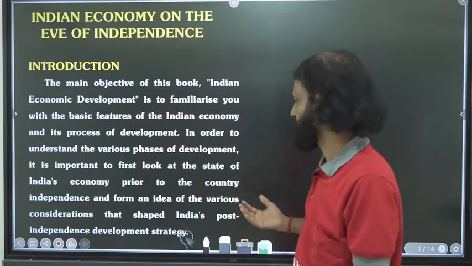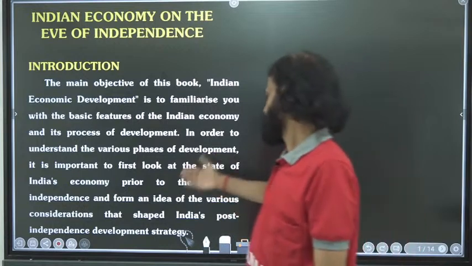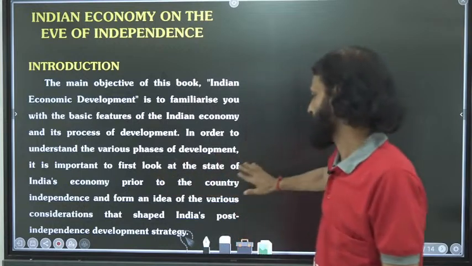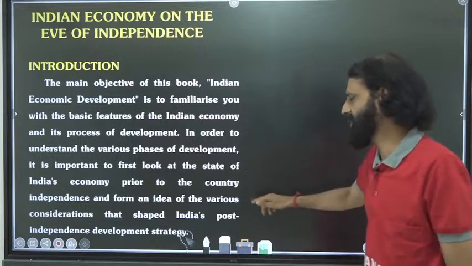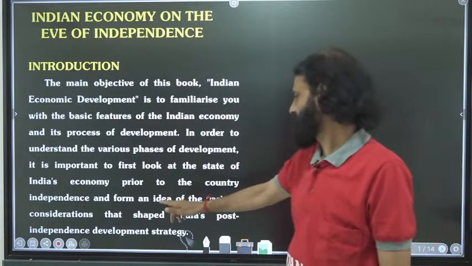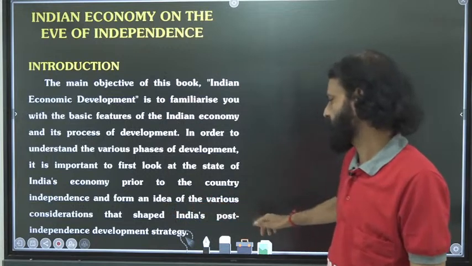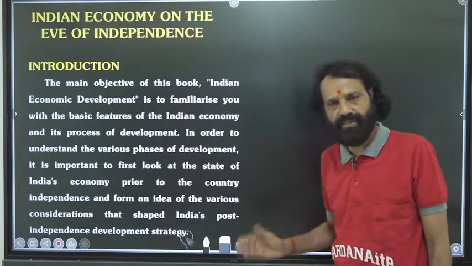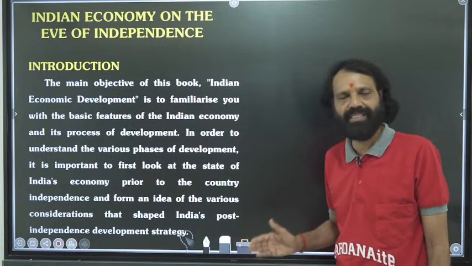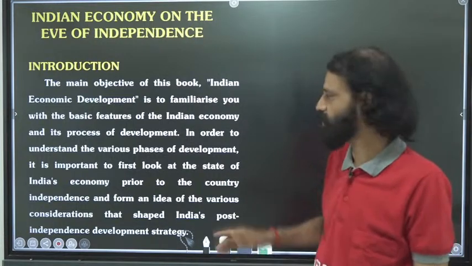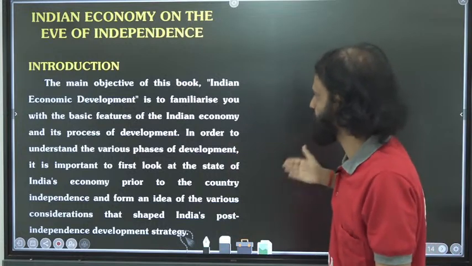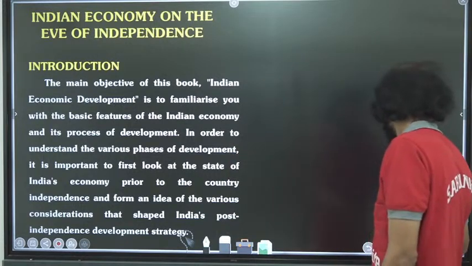That also we will study. It is important to first look at the state of India's economy prior to the country's independence and form an idea of the various considerations that shaped India's post-independence development strategy. Nowadays, what strategy India is following for its economic development. This is the main topic we are going to study in this chapter.